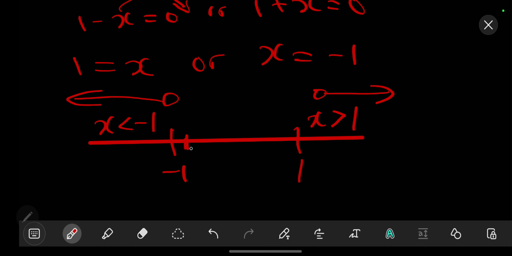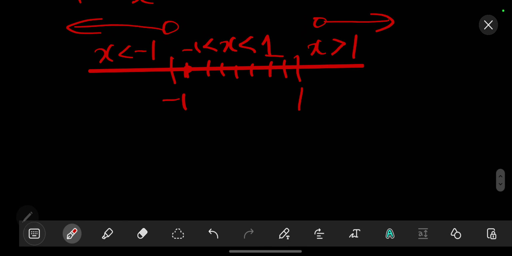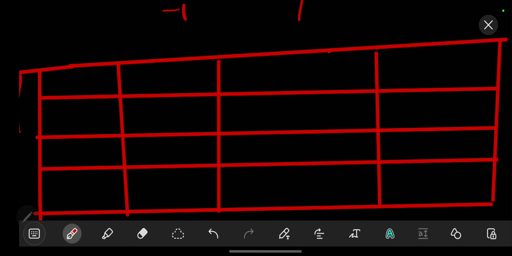All the values in between are such that negative 1 is less than x, while x is less than the last boundary, which is 1.